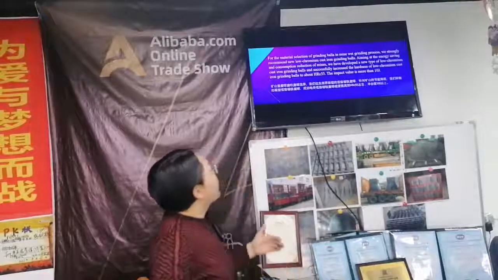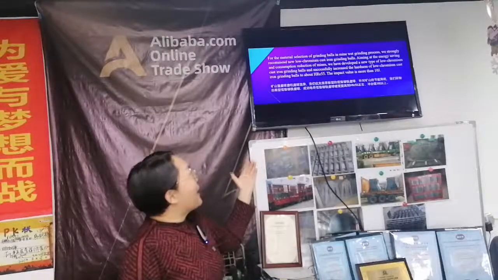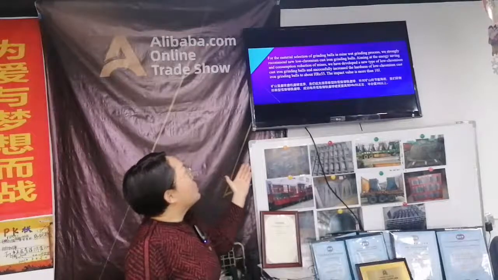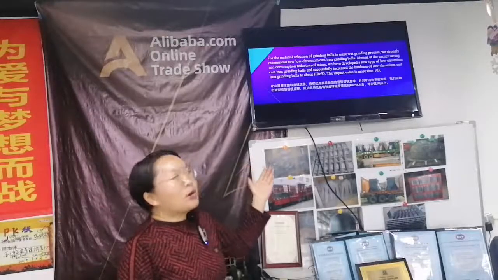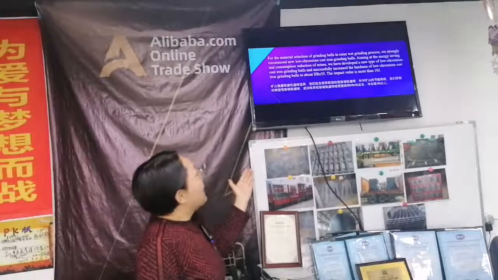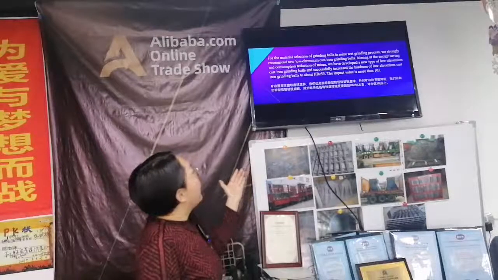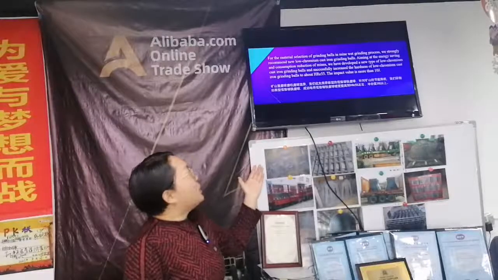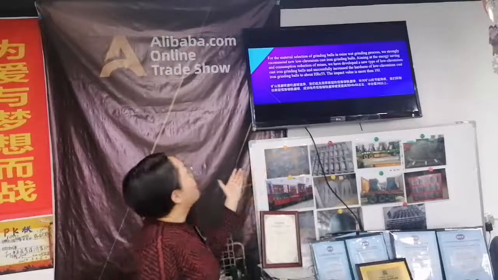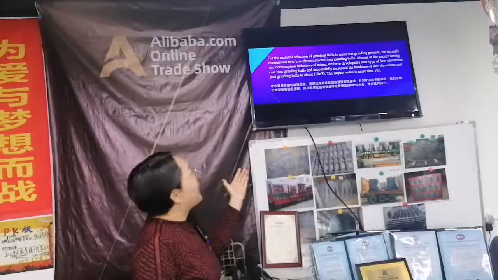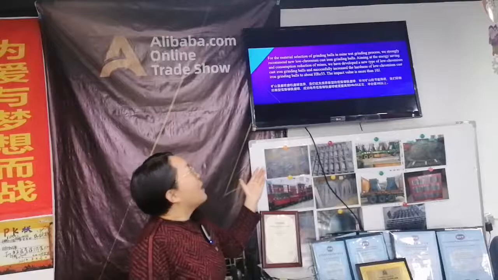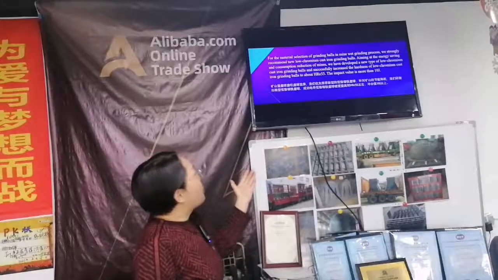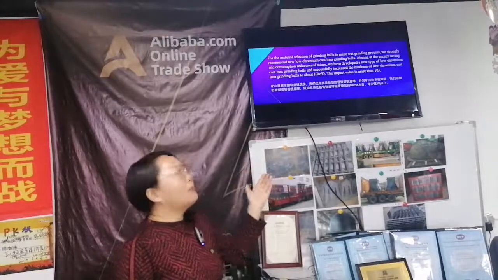For the material selection of grinding balls in the mine wet grinding process, we strongly recommend new low chromium cast iron grinding balls. Aiming at the energy saving and consumption reduction of mines, we have developed a new type of low chromium cast iron grinding balls and successfully increased the hardness of low chromium cast iron grinding balls to about HRC 55.